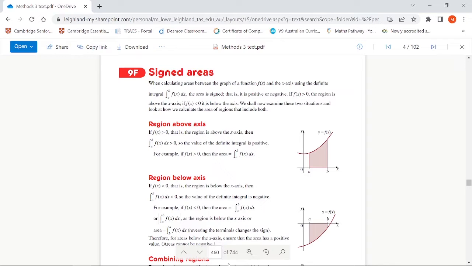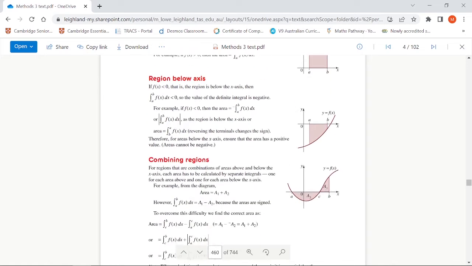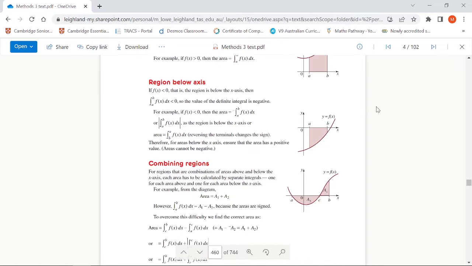Okay? When the region is above the x-axis, which we can see here, then if you find the definite integral of this function from a to b, then the value you get will be positive. But if it's below the x-axis, which we can see here in this next one, if we find the definite integral of this particular function between a and b, it will give you a negative value for that area.